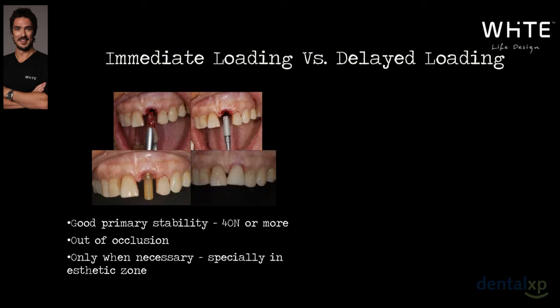As long as that crown is out of occlusion in every single position in the mouth, and the patient has a soft diet for the first 6 to 7 weeks, then we can assure that, in all likelihood, this implant will be successful.